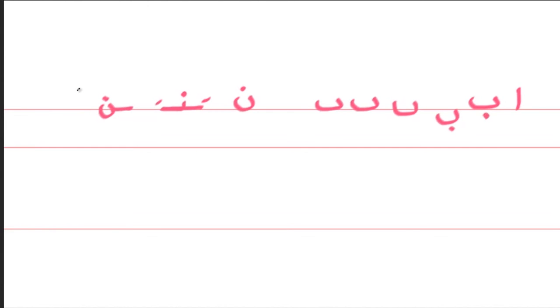I'm going to explain this a bit more later, while we're learning the letters, but make note that some letters, depending on their location in the word, have to connect. Not like English, where you just write, let's say, apple, and nothing connects. In Arabic, you have to. So I'm going to write apple in Arabic.